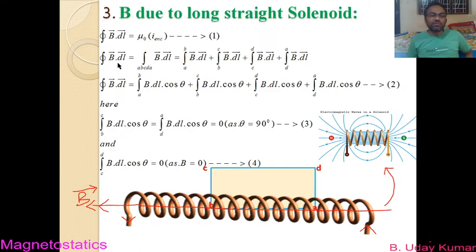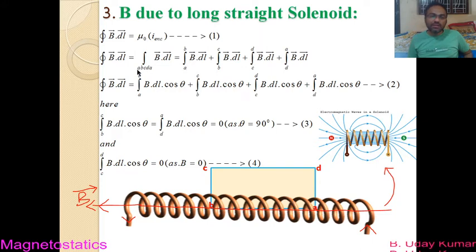It is the closed integral of B dot dl, right? Since this path is a closed path, the entire closed path starts from A, moves on to B, then C, D, and again ends at A, right?